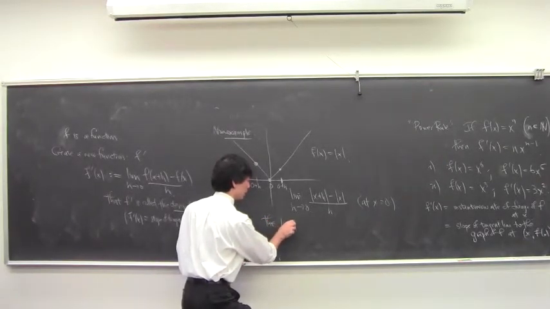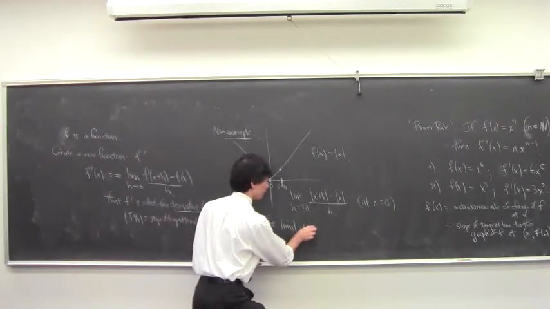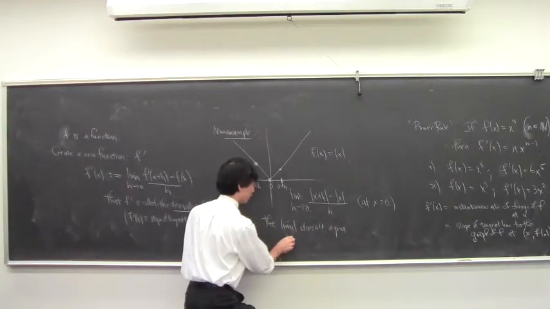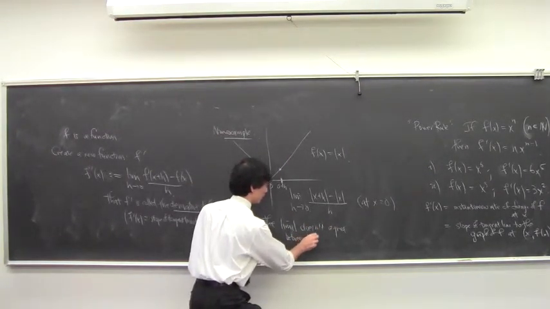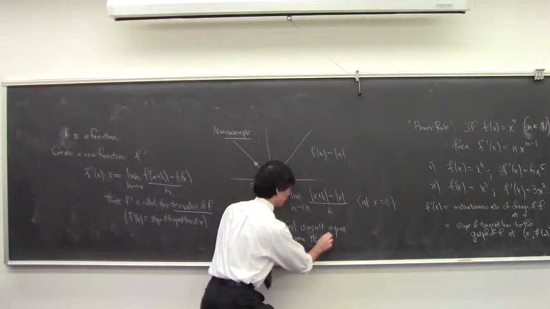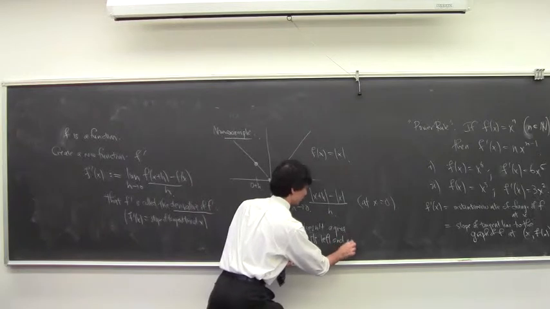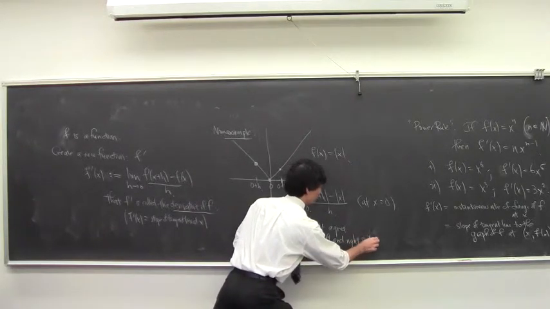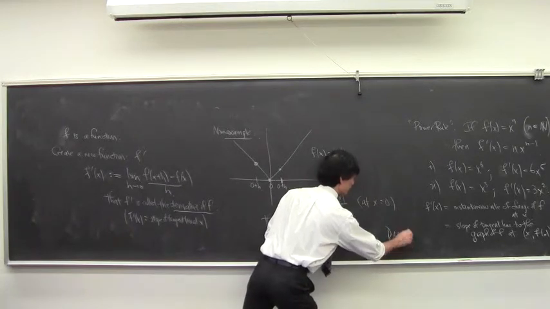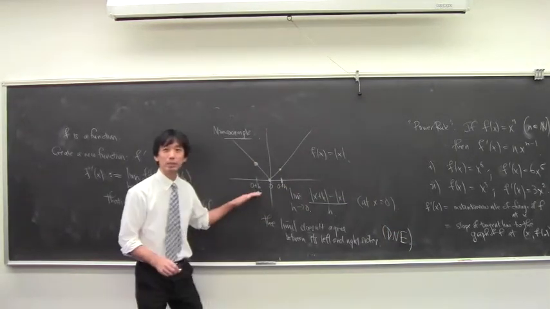The limit doesn't agree between its left side and right side. So the limit doesn't exist.